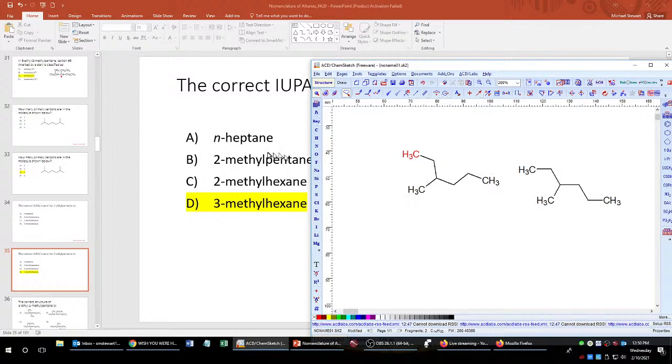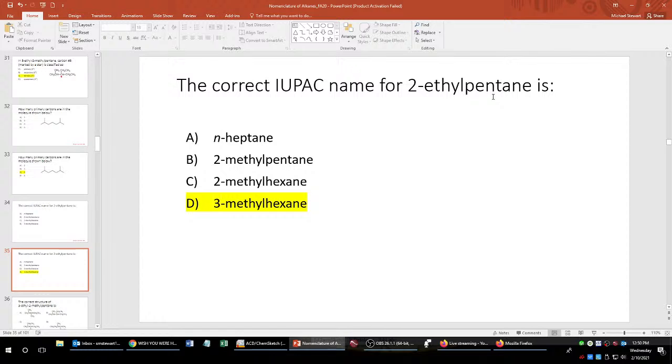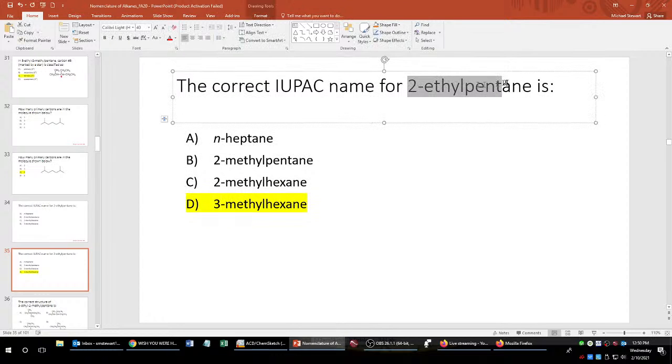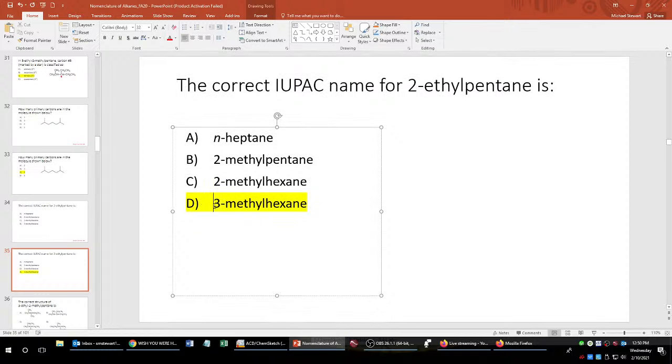So there's two ways to do it. One is to draw what 2-ethylpentane looks like, then go back and pick out the correct longest chain, and you'll get 3-methylhexane, or draw each of these out and compare them. Now this is the power of the IUPAC system. Even if you completely name it wrong, so this 2-ethylpentane is entirely incorrect, you can still recreate the correct structure.